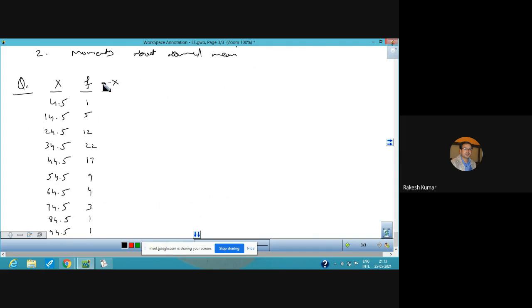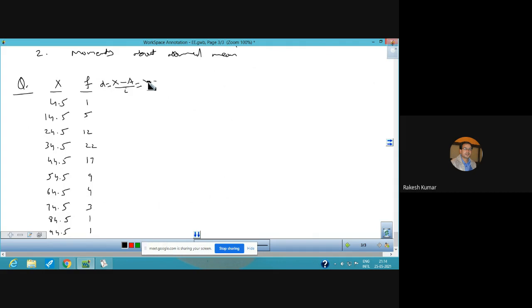You can use the formula for calculating the small d, and we are going to use the formula of change of origin and change of scale, so x minus a upon i. Here i is the difference between the values, a small i.